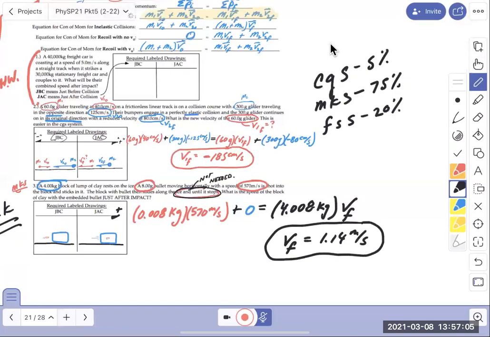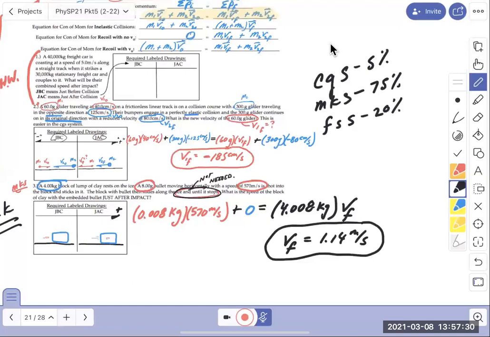Okay, well, 1 meter a second is about the speed at which we walk. So we're saying that block was sitting there, a bullet comes screaming in at almost Mach 2. Mach 2 is 660 meters a second. It slams into that clay, and then the whole thing slides along at about the speed a person walks. Well, no, it wasn't frictionless.